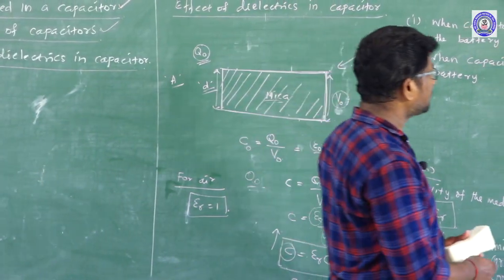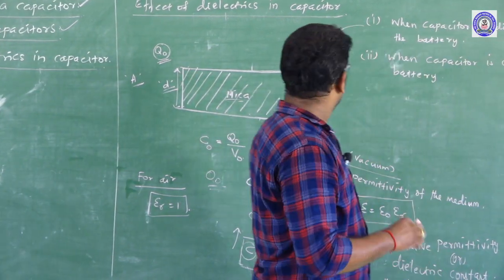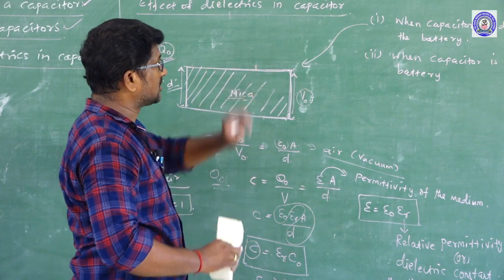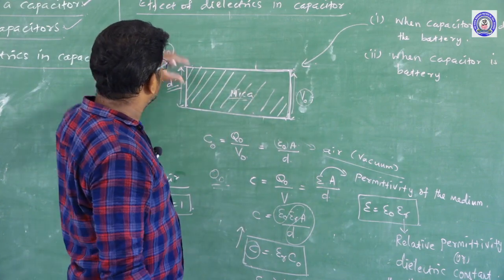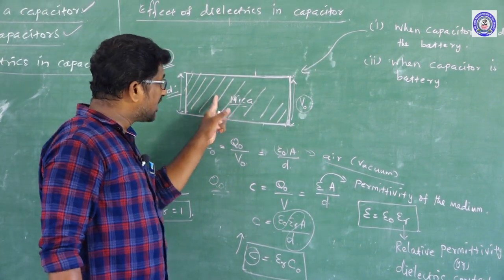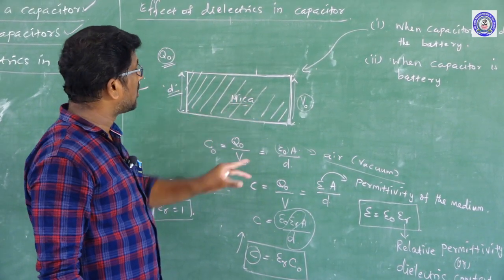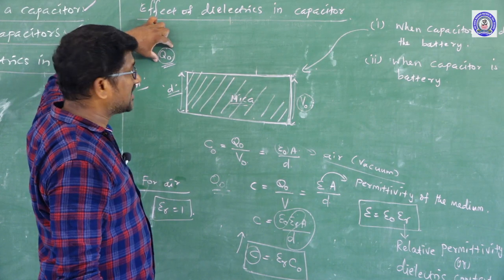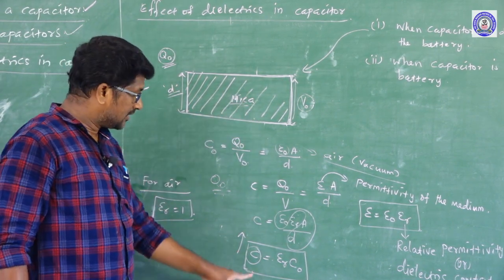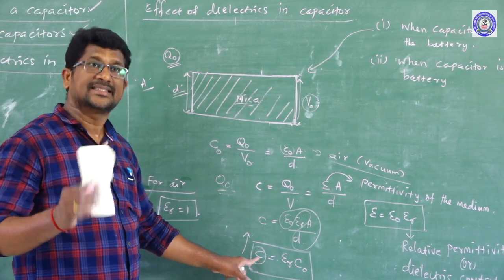And next, as I already told, if there is no battery across the plates of the capacitor, the charge in the capacitor remains constant. If the dielectric material is either introduced or not introduced, the charge in the capacitor remains constant. But after introducing the mica material, the capacitance of the parallel plate capacitor increases.